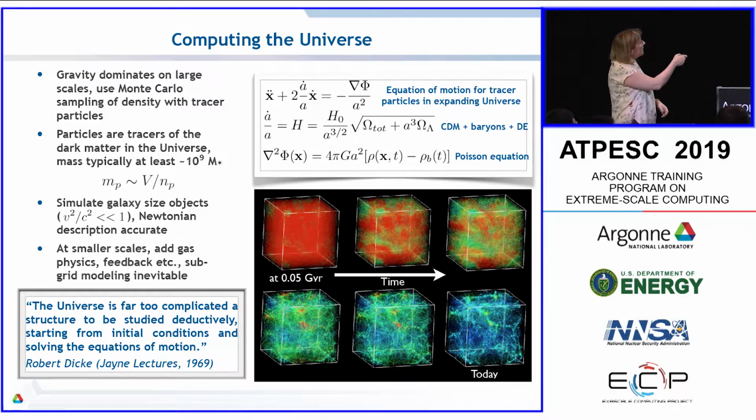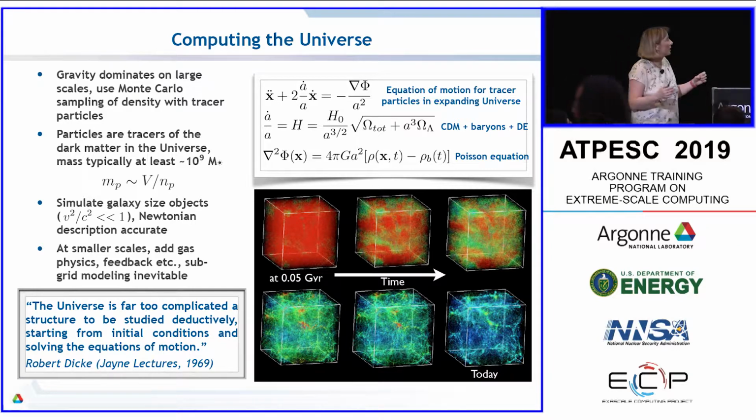What you see down here in this box is actually a forward visualization of the simulation. So you start off with a Gaussian field that has very small fluctuations. So you can see some spots that are slightly different color. What happens then is gravity starts acting on these. So they start forming clumps.